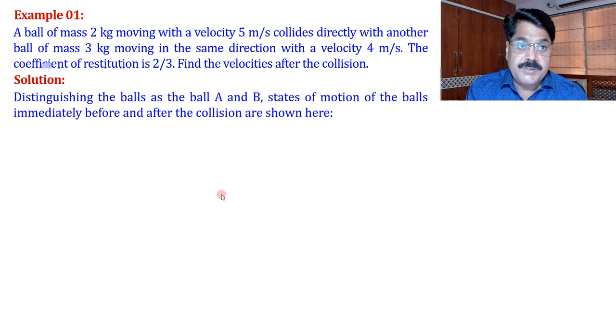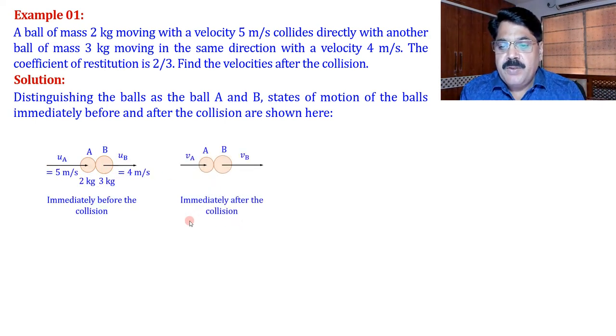Now you can see this velocity is 5, more than 4, so there will be a collision. What will be the states of motion immediately after the collision? VA and VB are unknown, so we show them by the symbols VA and VB.